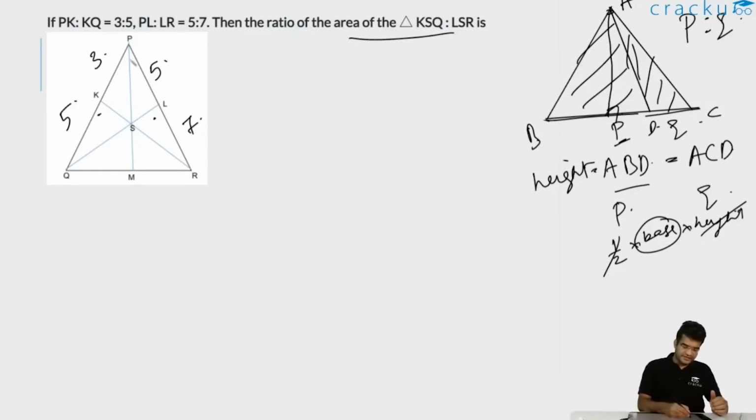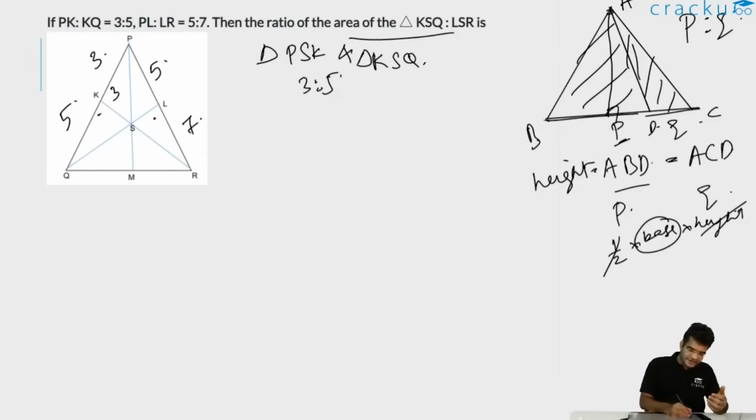If you look at triangles PSK and KSQ, their areas will be in the ratio 3 is to 5, because that is the ratio of their bases. So let us assume the area of PSK is 3x, and the area of KSQ will then be 5x.